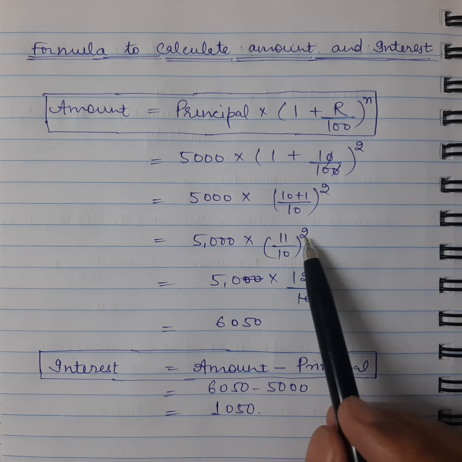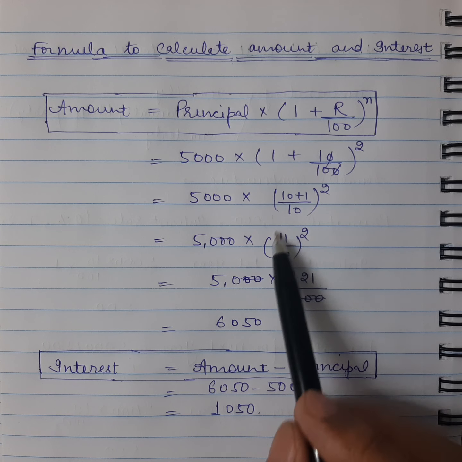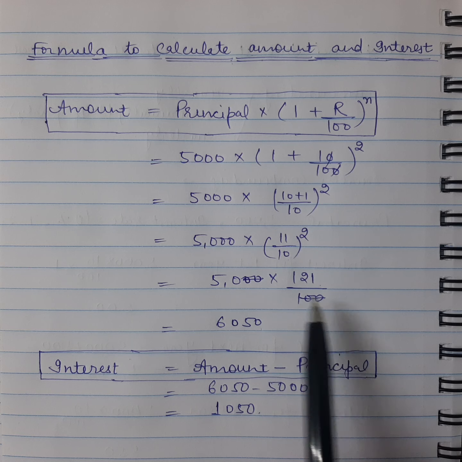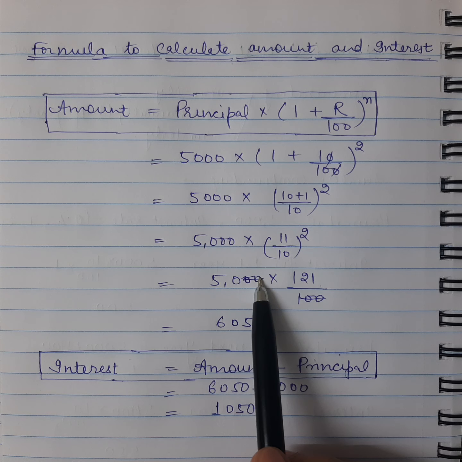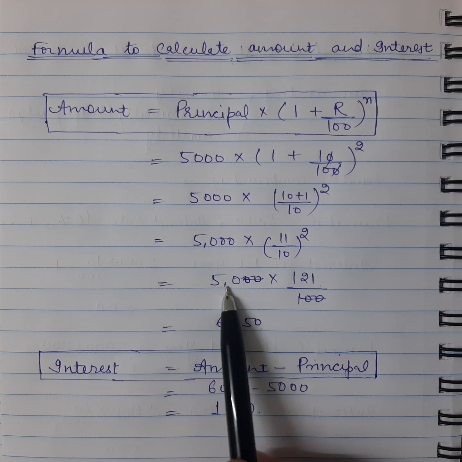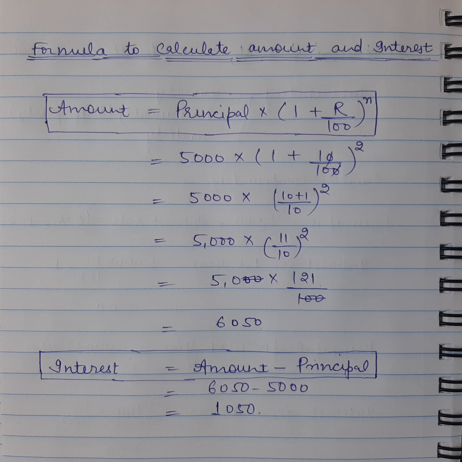Then we put the value of 11 squared and 10 squared, which is 121 divided by 100. We reduce 20 of 100 from the 5,000. 5,000 will become 50. Then if we multiply 50 with 121, it will be 6,050. So the amount is the same as we calculated by calculating interest for each year.